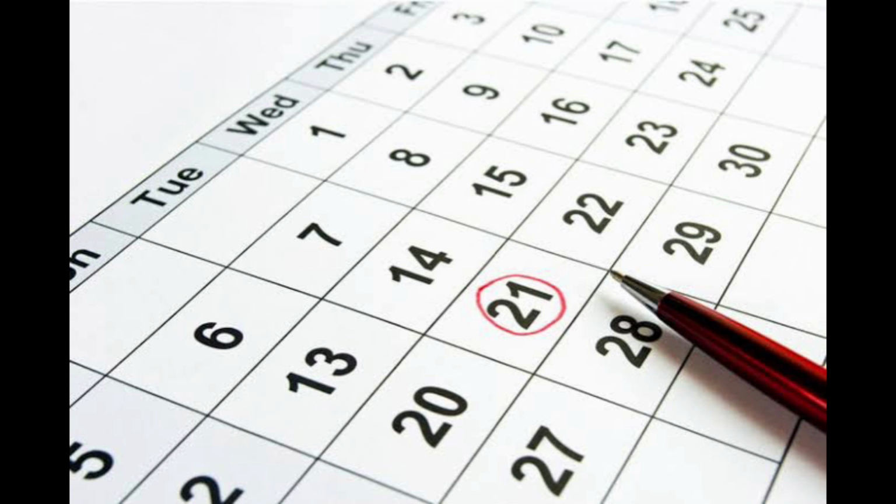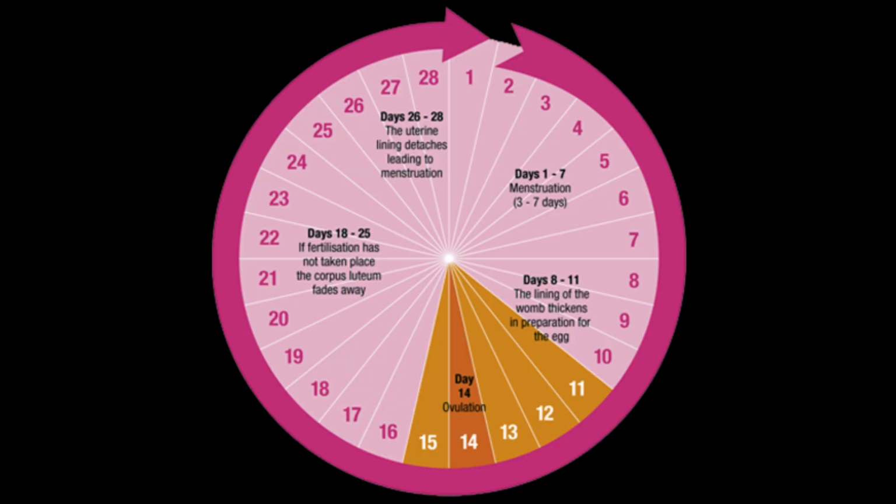The days of your menstrual cycle when a woman is least likely to get pregnant are sometimes called the safe period. So I will be describing how you can calculate the fertile window to aid or avoid conception.